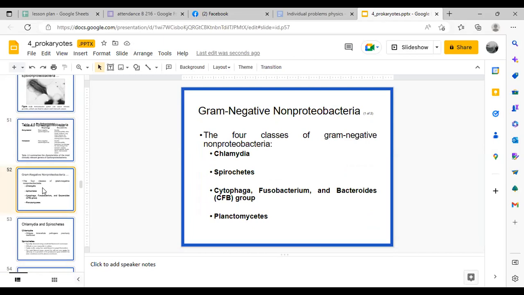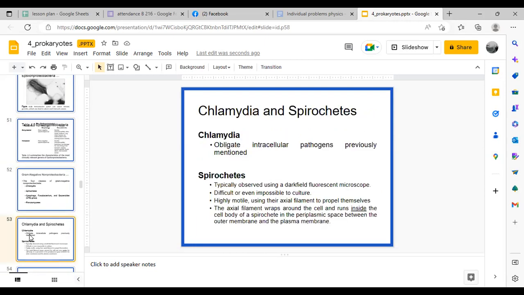And you have also planctomycetes. So again, yung chlamydia, it's an STD. It can enter host cells. We already mentioned that. You have also spirochetes.